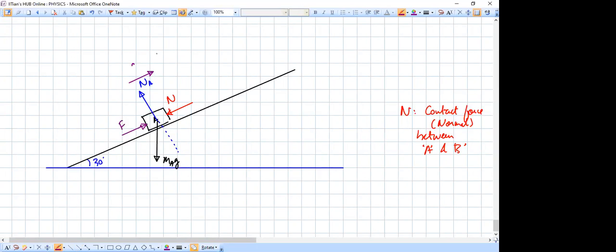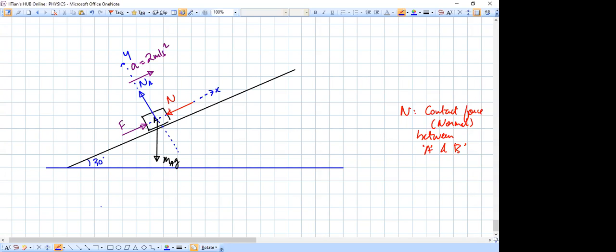That acceleration was 2 meters per second square. Okay. So as usual, our resolution will be, the direction of acceleration is our positive x-axis.